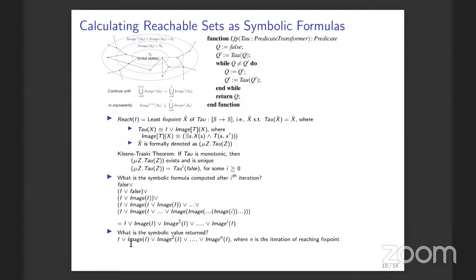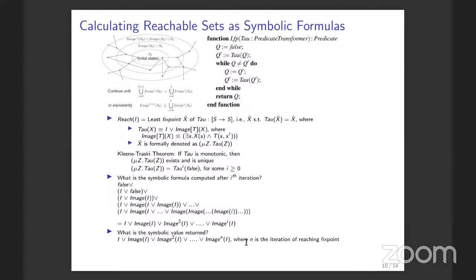What it returns, for finite state systems, is the fixed point, which is the union of all these images until you reach an n, the point at which you reach the fixed point. And that's what this is computing.